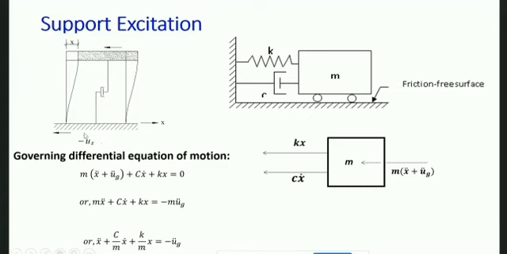Then because of the inertia, the heavy mass at the top tries to return to its original configuration. Therefore, a relative displacement is created between the mass and the ground, and because of that, deformation takes place. So that basically initiates the vibration, and as long as the ground keeps on accelerating to and fro, this vibration keeps on continuing.